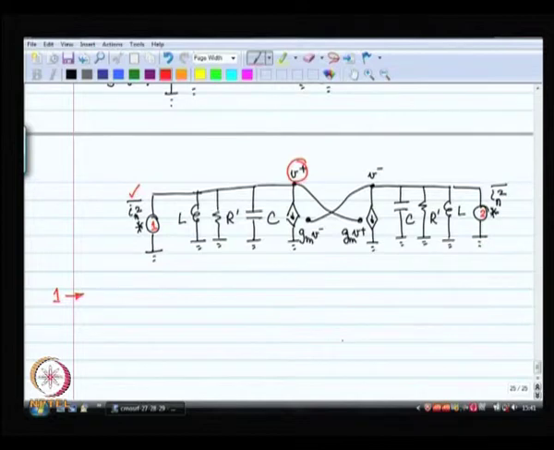So, first of all, what do I have over there? I have V plus times 1 by j omega L plus 1 by R prime plus j omega C, that is the current.